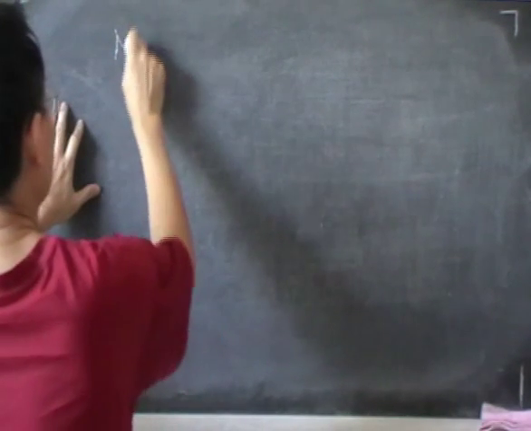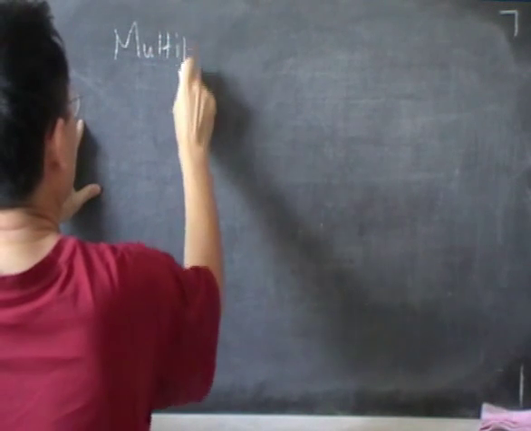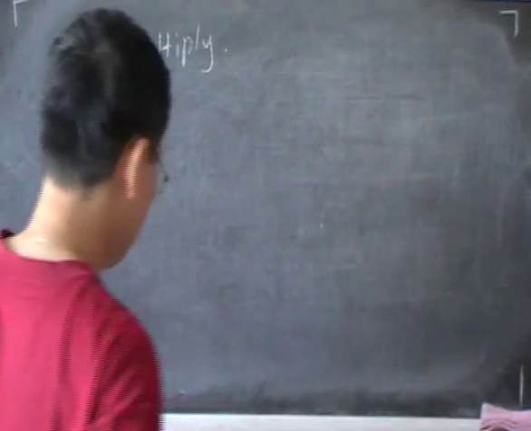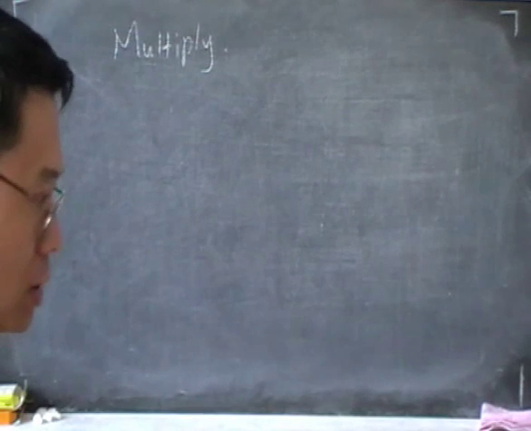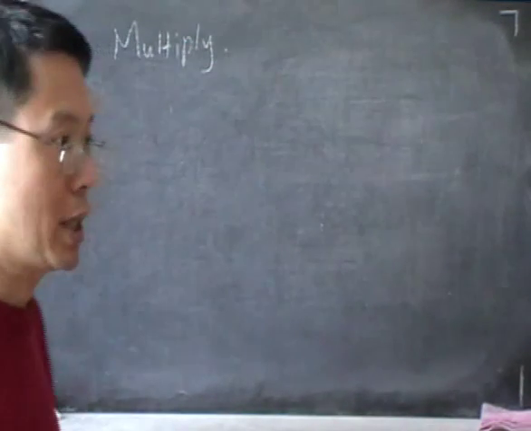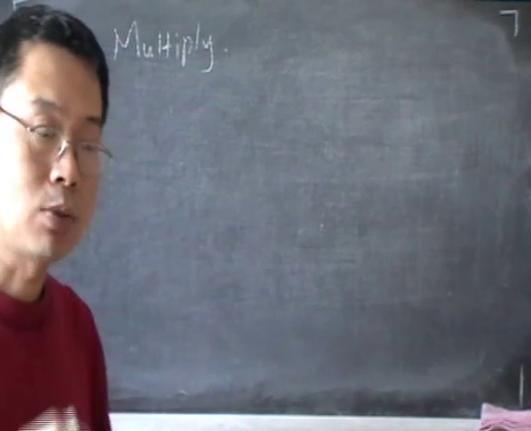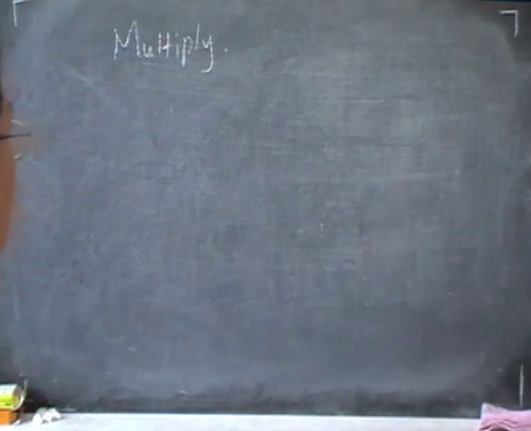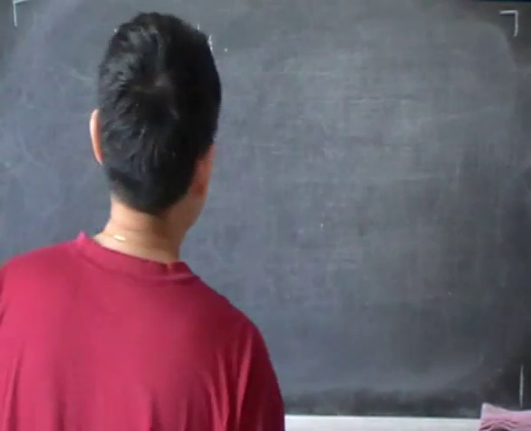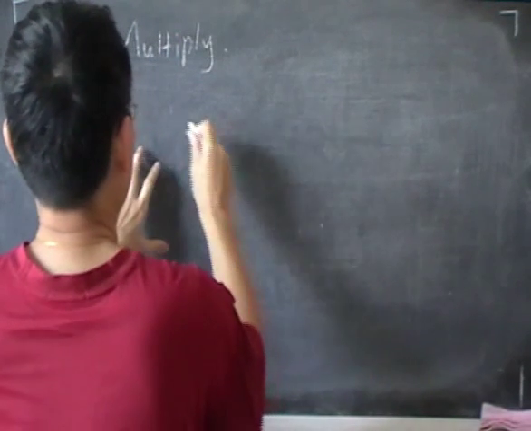Now we are still on multiplication. There is another thing about multiplying matrices that we should be aware of. Now let me start with an example with just numbers.